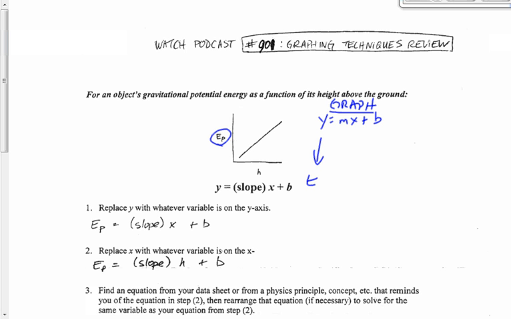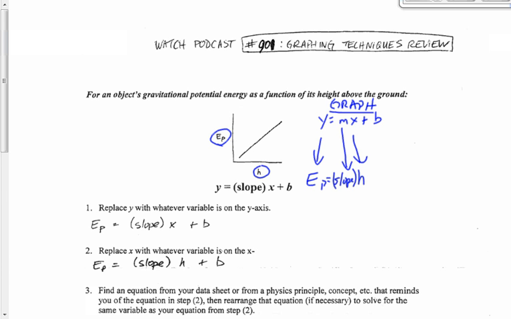That's going to be EP. We replace x with whatever appears on the x-axis, which in this case is going to be h. We replace m with slope. Typically, the y-intercept will be 0, and we can drop that. But we'll deal with that in just a second, okay?